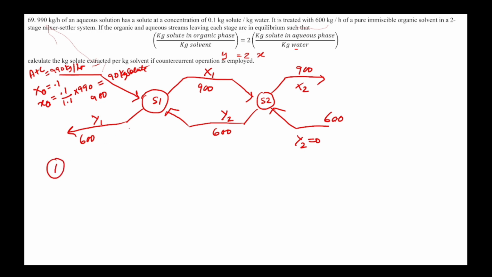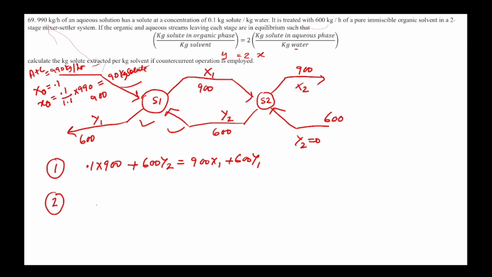So apply solute balance on stage 1. So 0.1 into 900. See, 0.1 is kg solute upon kg solvent, and 900 is only the solvent, so the solvent will cancel out. This is the quantity of solute only. So solute balance: this is going in, so 600 y2 is equal to 900 x1 going out from stage 1, and 600 y1 is also going out from stage 1.